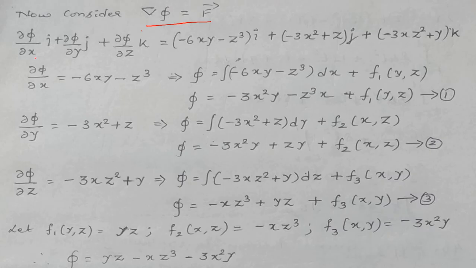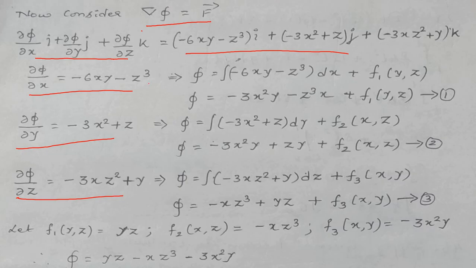You know the definition of del phi, substitute that; you know vector f, substitute that. As we have equality, equate the coefficients of i, j, k. I got del phi by del x is this, del phi by del y is this, del phi by del z is this. Now integrating with respect to x the first term, we should write an integral constant, as it is an indefinite integral, right?